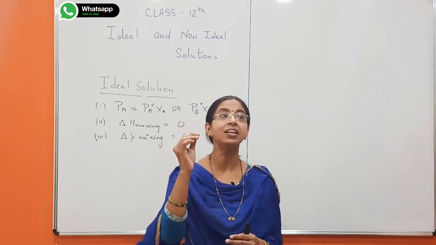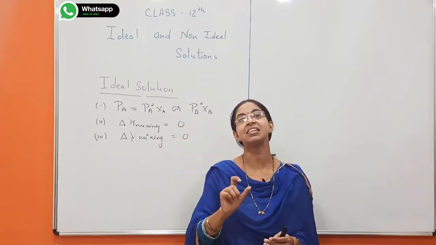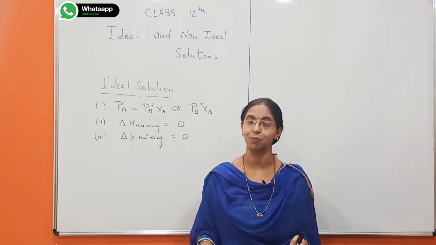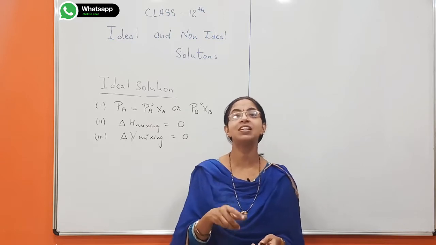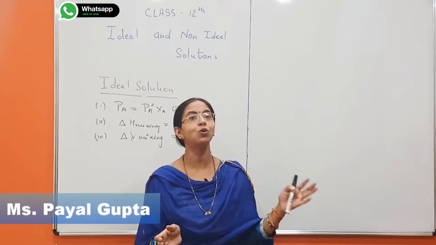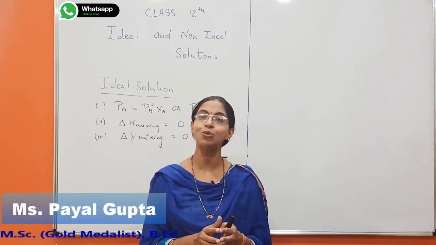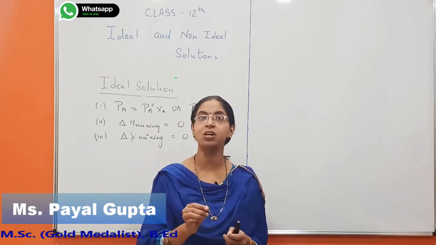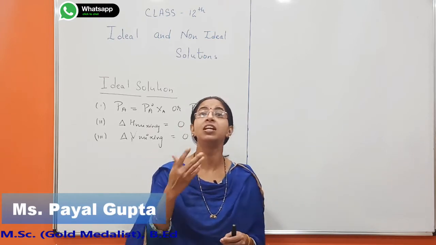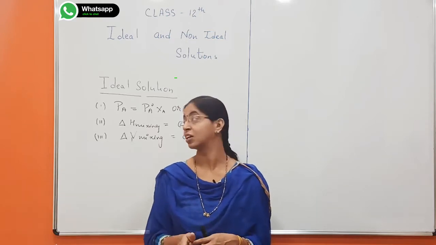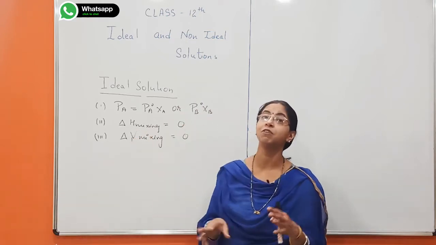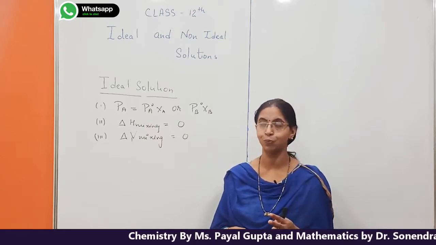There is no increase or decrease in the resulting mixture. In the same condition, delta H mixing is also 0, meaning when you mix these two liquids, there is no release or absorption of energy during the mixing.